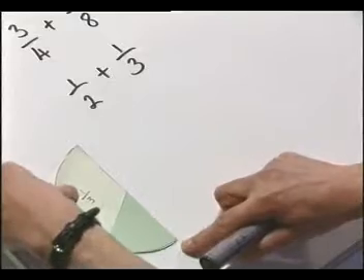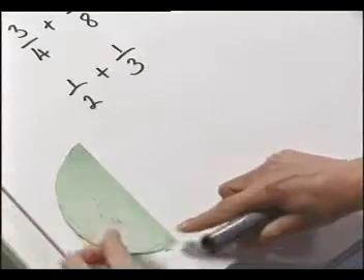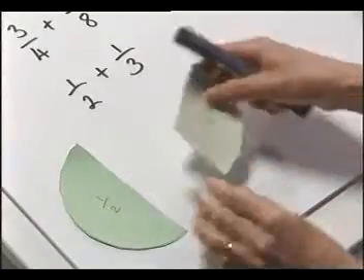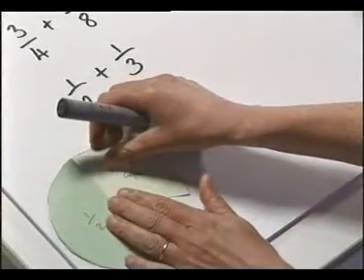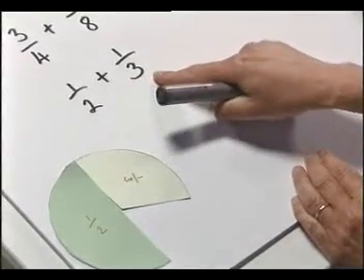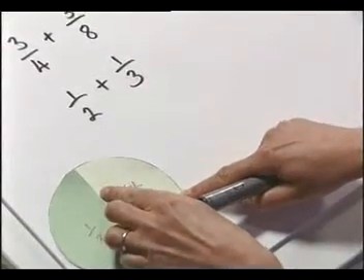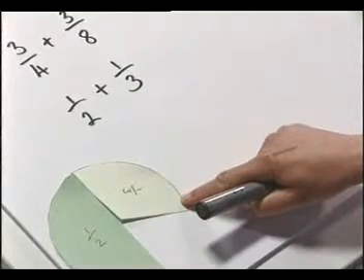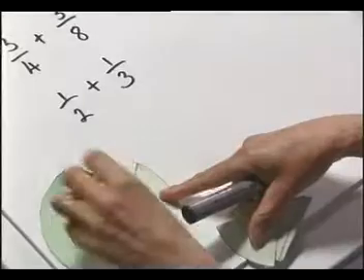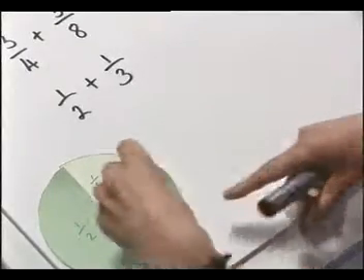Now, if we tried to turn the half into thirds, we'd have difficulty because it doesn't fit a whole number of times. So what we need to find is a fraction, the denominator, that fits into thirds as well as into half. And in this case, that fraction is sixths.